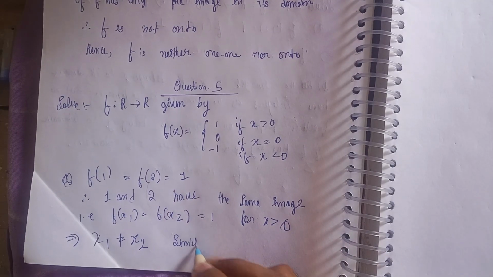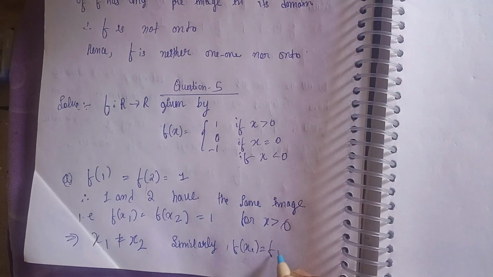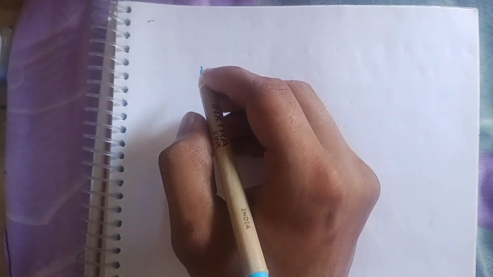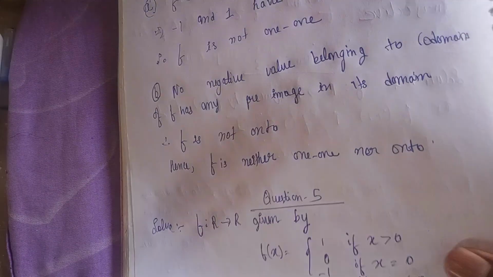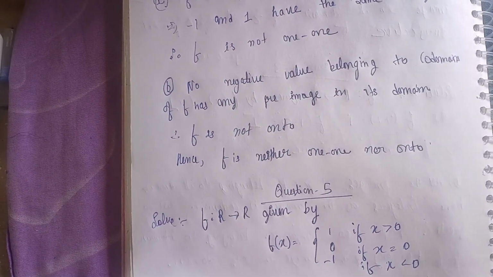Similarly, f(x1) = f(x2) = -1. Here x is greater than 0, and here x is less than 0, that's why -1 came.